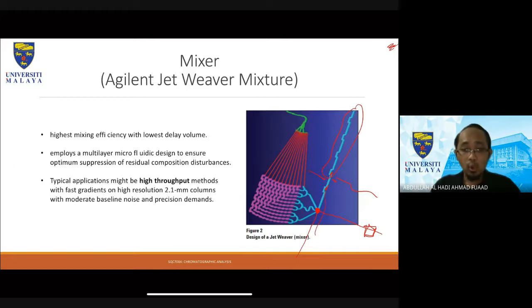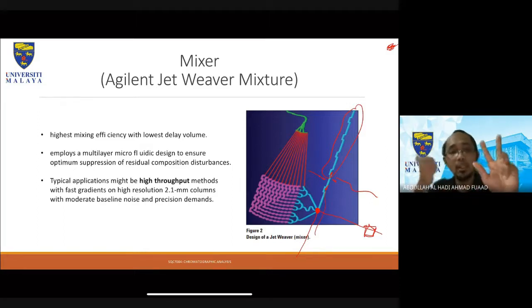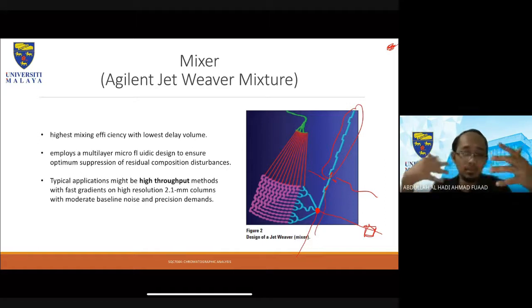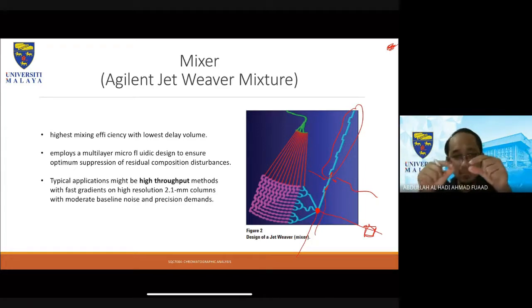Okay, so what is the main advantage of having a jet weaver mixture instead of a solenoid or MCGV system is that you have a solenoid. One thing is it's magnetic, electrically controlled, and there's movement, opening and closing. Normally, when you have something that can move, especially a very tiny component, it is prone to damage.